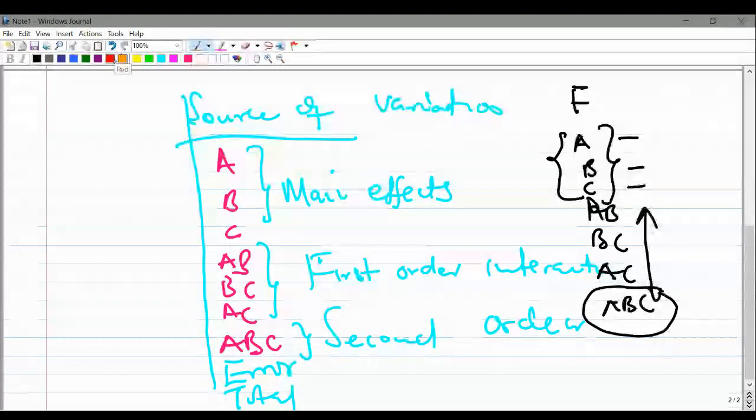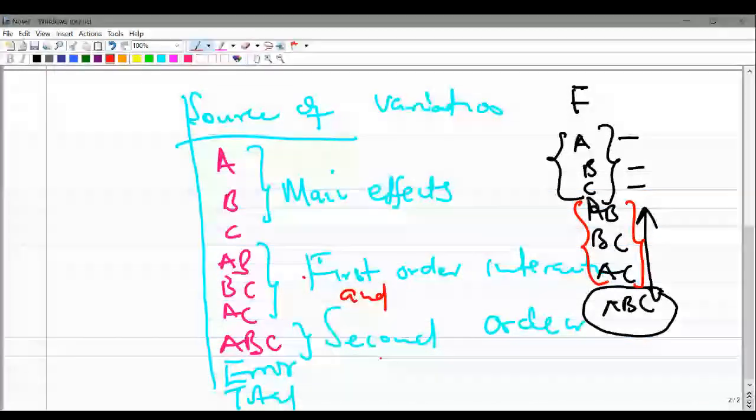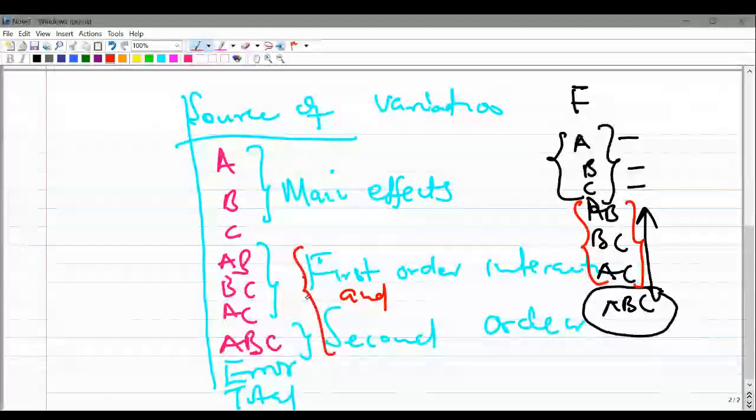Again, if I say test for the first order interaction, it means I'm simply saying test for only these two. Or I can say test for first order interaction and second order interaction. Or I can combine these two and say test for the interaction effect.